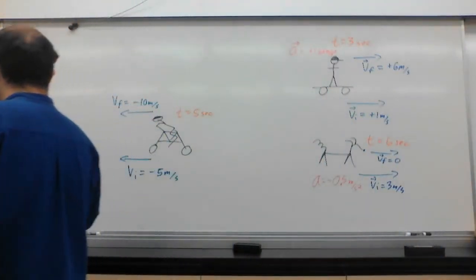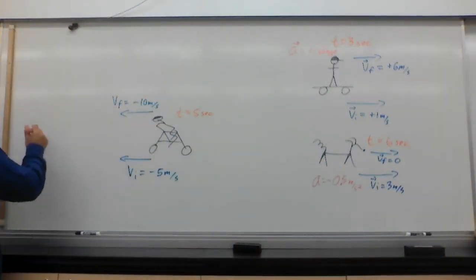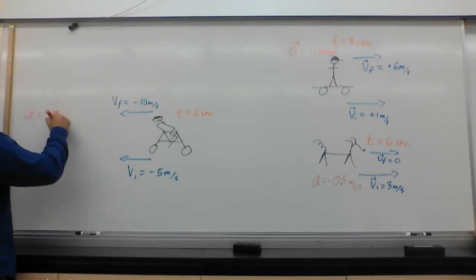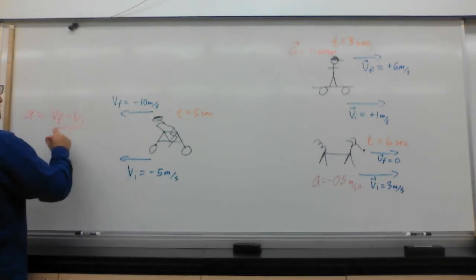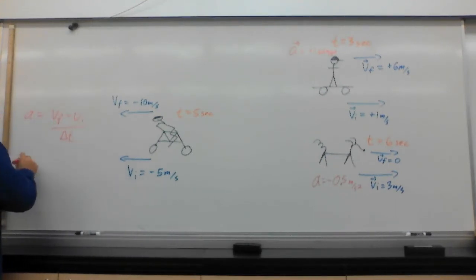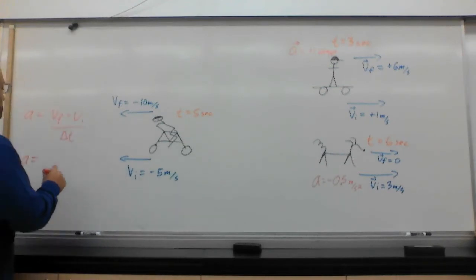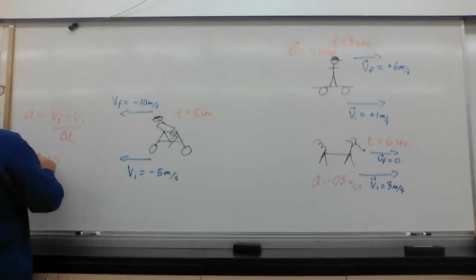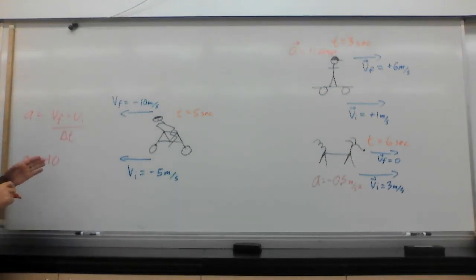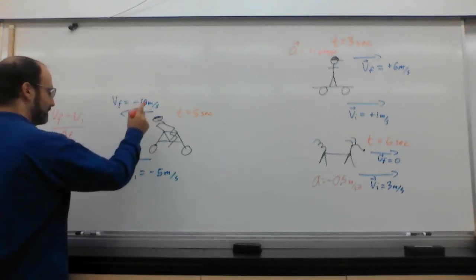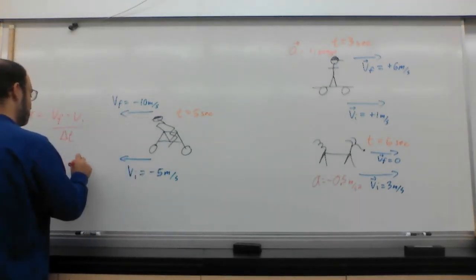Well, we'll very quickly scribble down some math over here. We know that A is equal to VF minus VI over delta T. A is going to be equal to, make sure we put the right ones in the right place. VF is first, so it's going to be 10, but it's negative 10, so we got to put a negative in front. This one is 5, so this is going to be negative 5.